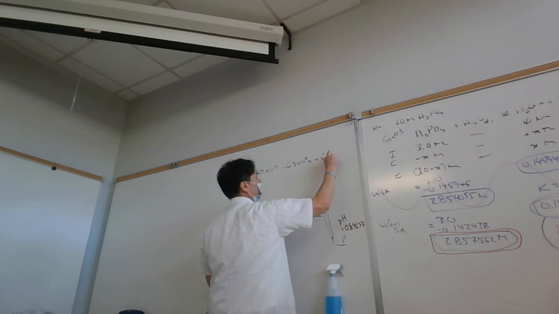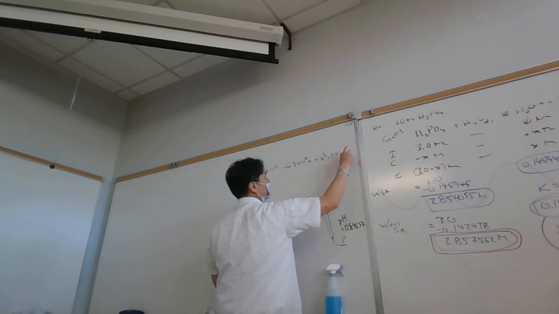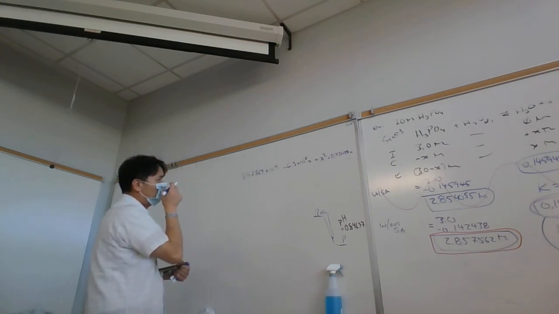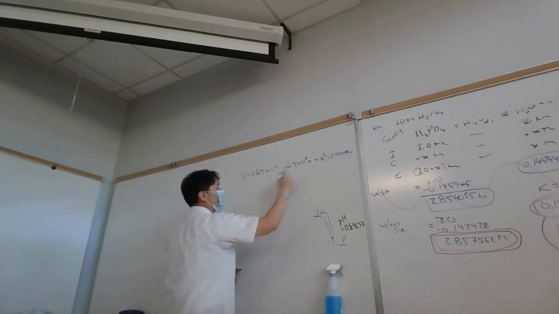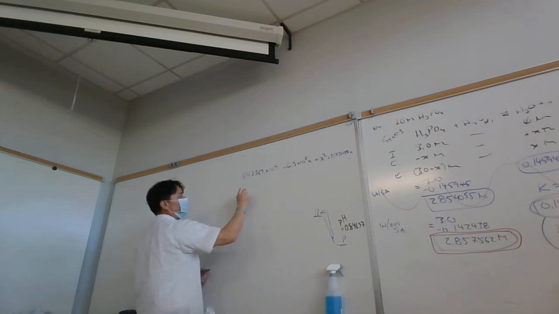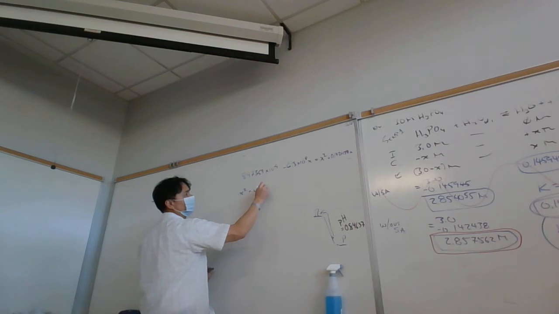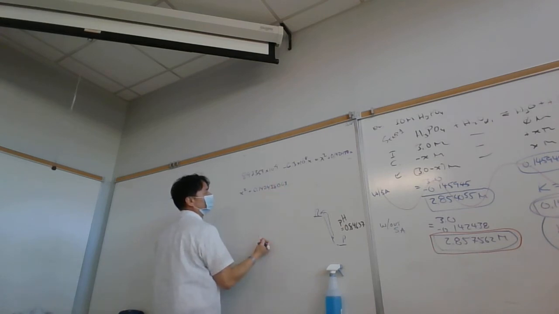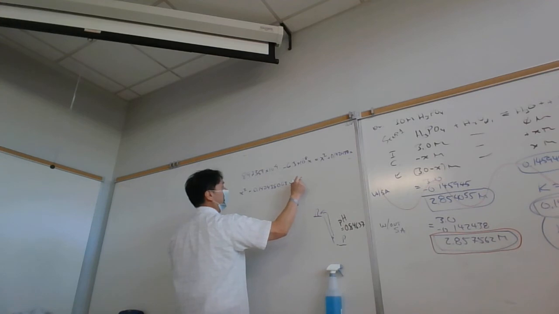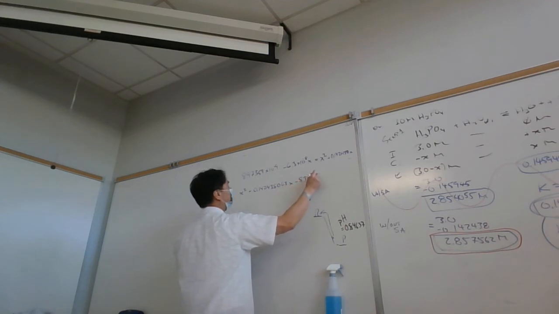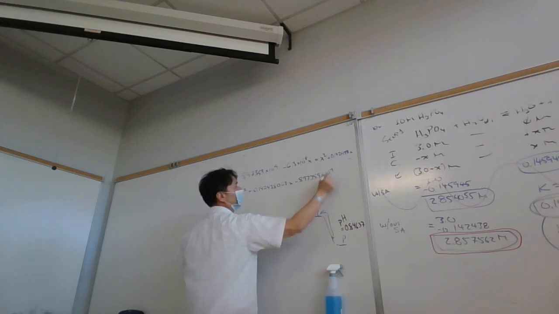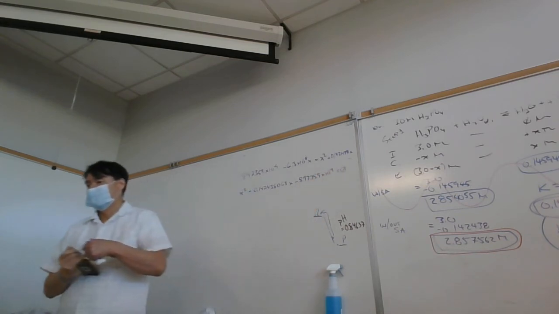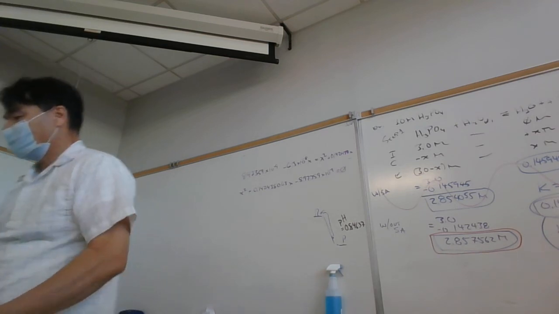Then I'm going to add this to both sides, so let's get everything on the right side. x squared plus 0.142438, this is going to be 7 zeros, so 1, 2, 3, 4, 5, 6, 7, and then a 6, 3, x minus 8.9739 times 10 to the minus 9 is equal to 0. All right, so let's try the quadratic and see what we get.